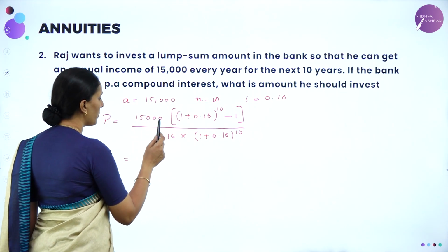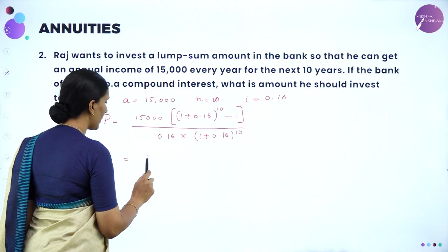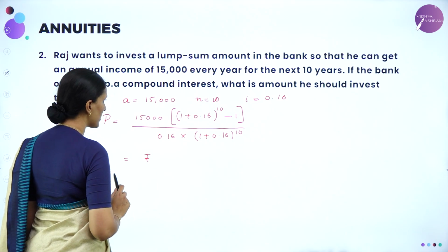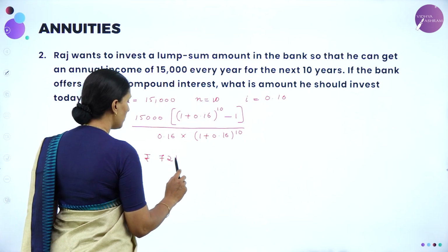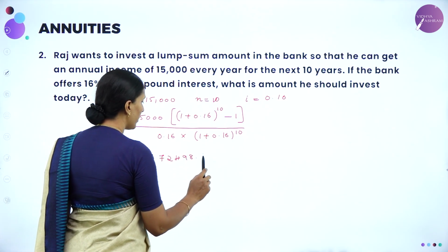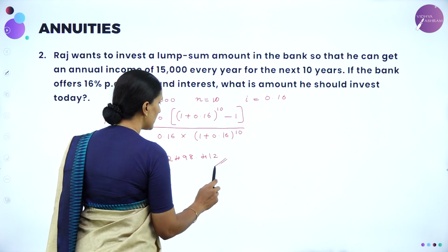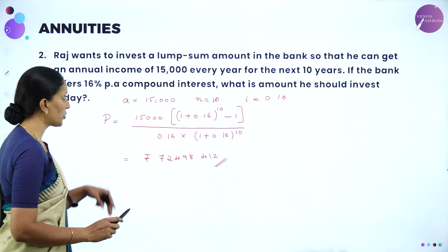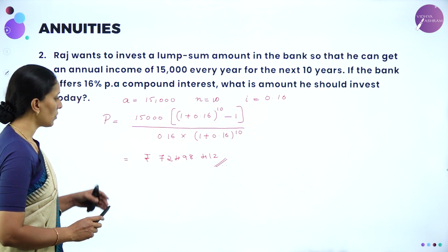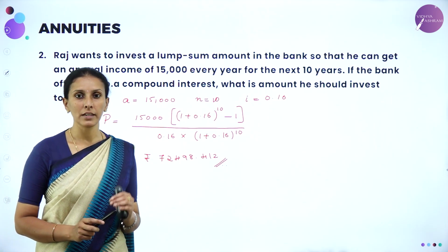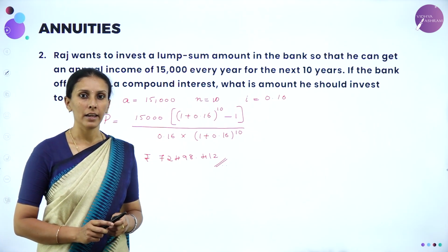So solving the numerator and denominator, we will get an amount of rupees 72,498.412. So this is the present value he should invest in a bank so that he'll get 15,000 every year for the next 10 years.